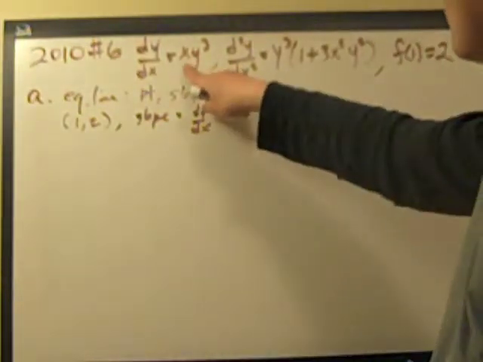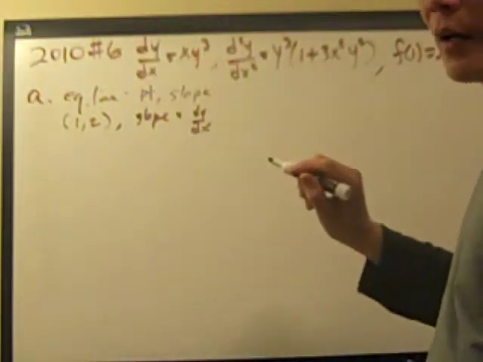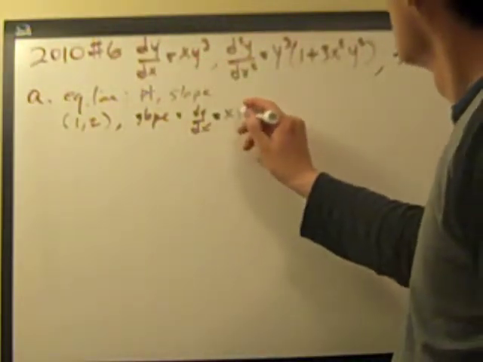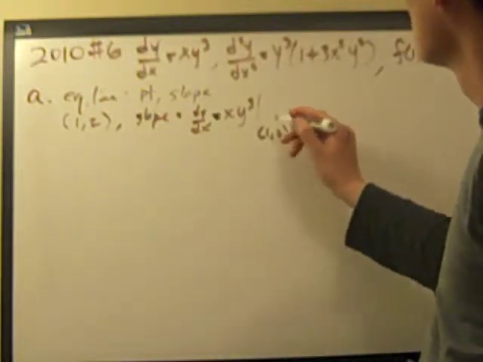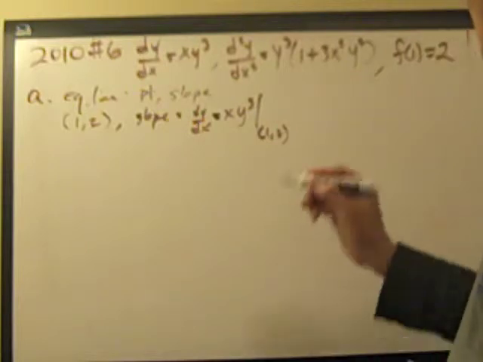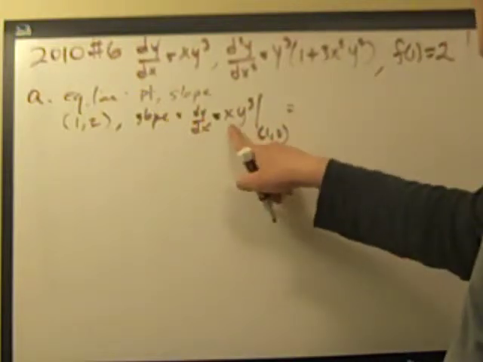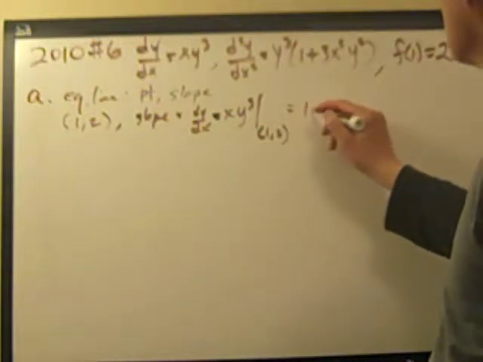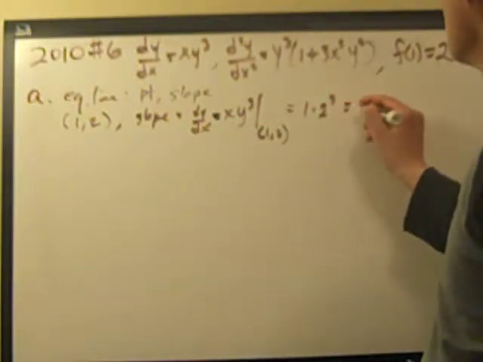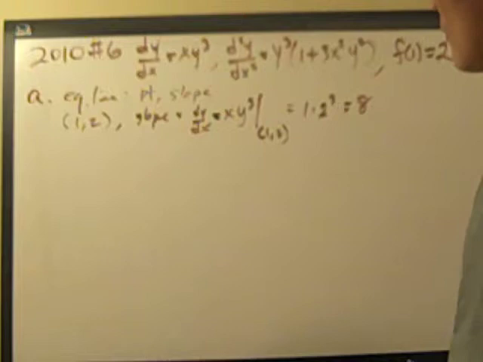And dy/dx is dictated by x times y cubed, and we're evaluating at x equals 1 and y equals 2. So we can go ahead and put 1 into x and 2 into y. So we get 1 times 2 cubed, which is 8.